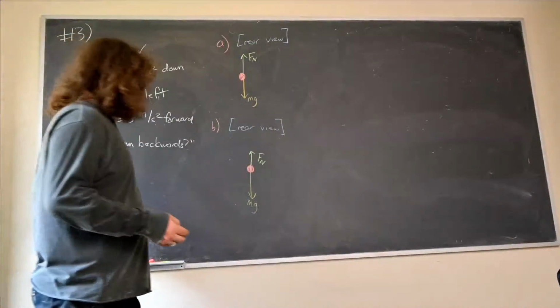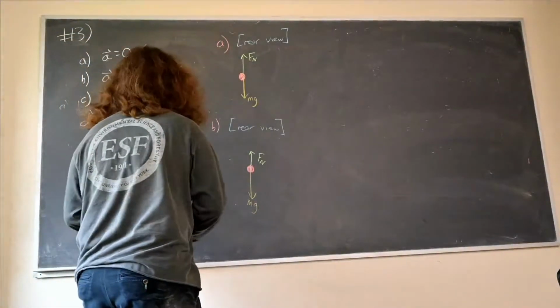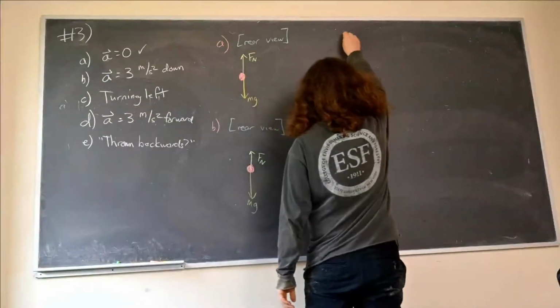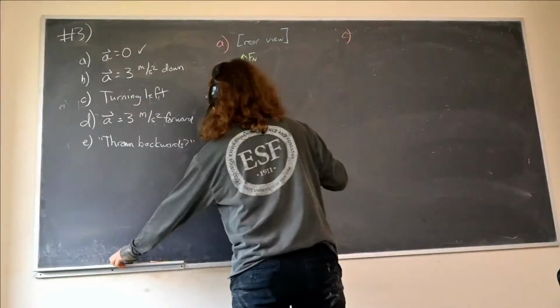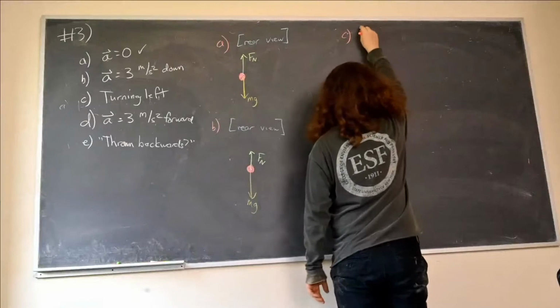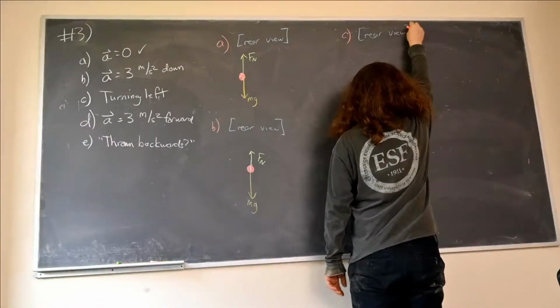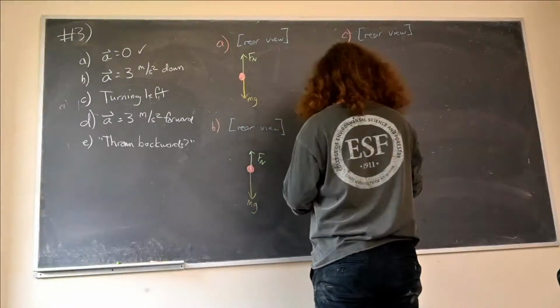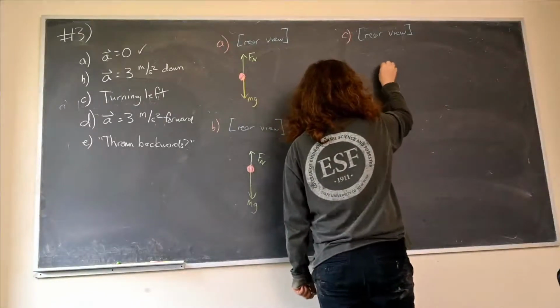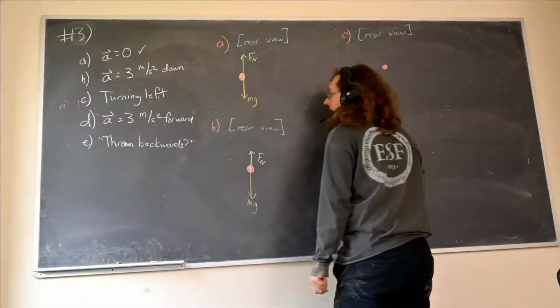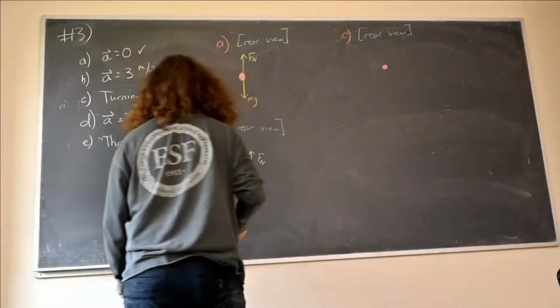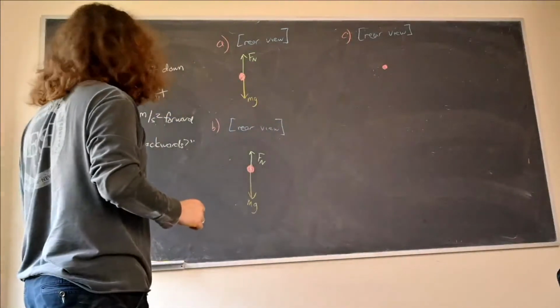Part C, imagine us turning left. Well, this is again going to be a rear view. So if I'm turning left, so now my acceleration is to the left rather than down.